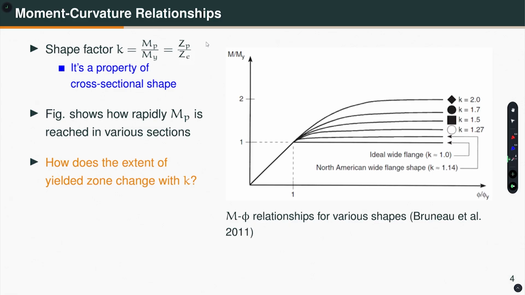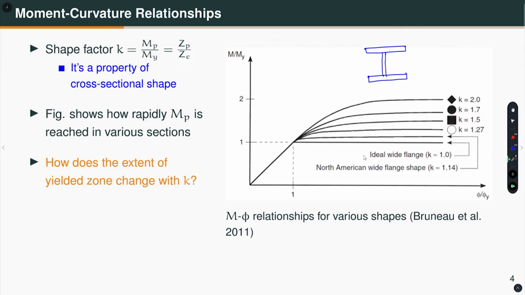As we discussed in the previous lecture, if you have more material near the web, in other words, if I draw a wide flange section or simply an I section, in the United States they call it wide flange section. The moment I start putting more material in the web region, the shape factor will increase. As you can see, the diamond shape has a shape factor of 2, and for the rectangular section it is a shape factor of 1.5.